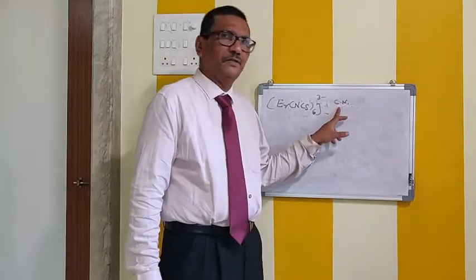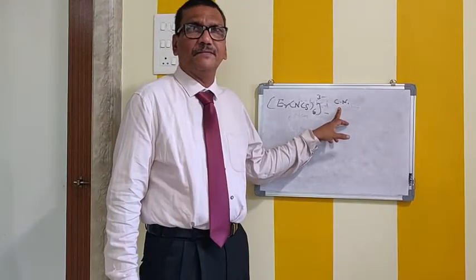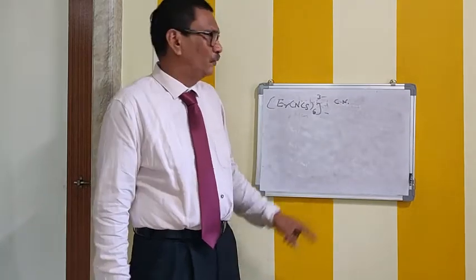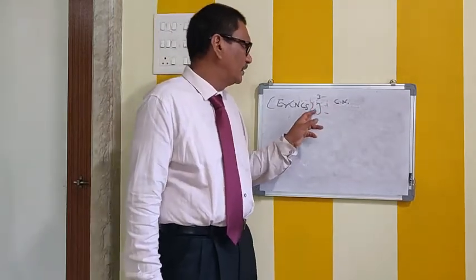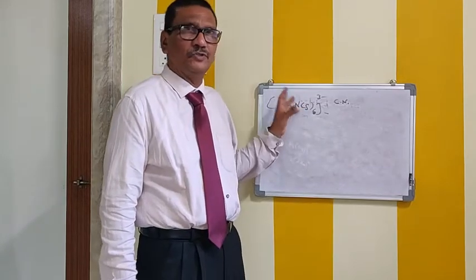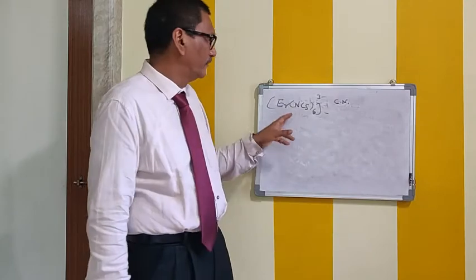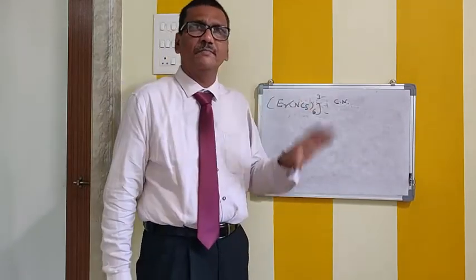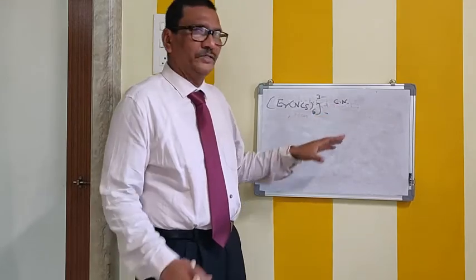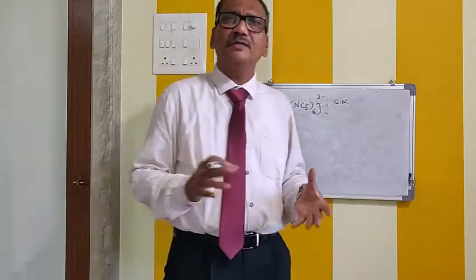The coordination number is defined as the number of ions or neutral molecules which are directly attached to the central metal atom in the coordination sphere. These ions and neutral molecules are nothing but the ligands.